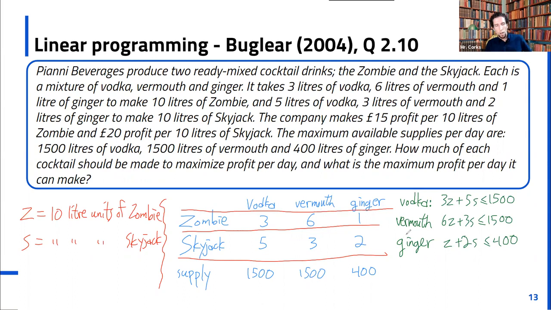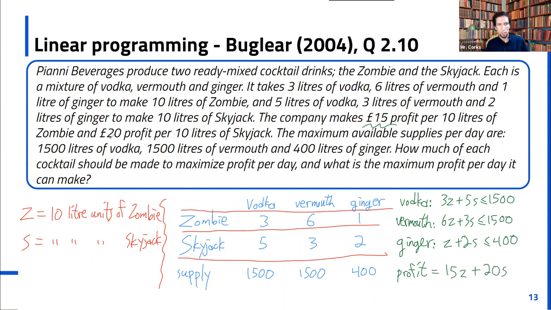So what's the objective function here? 15Z plus 20S equals profit. So profit is going to be 15Z because they make 15 pounds of profit for each unit of Z, plus 20S.